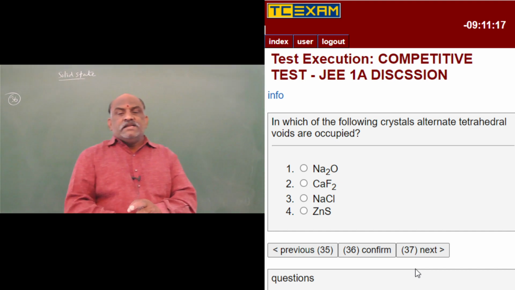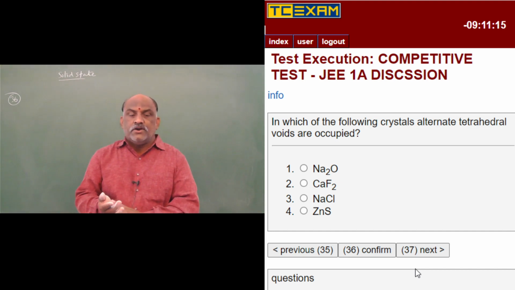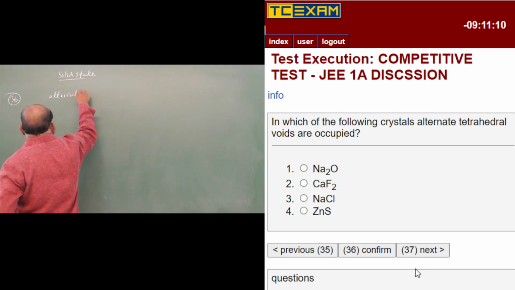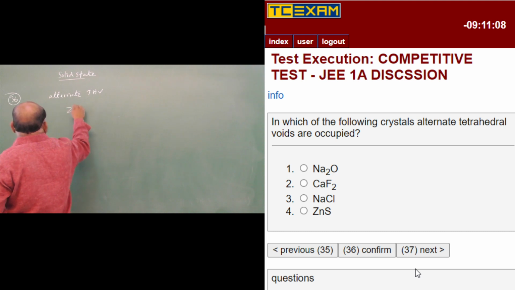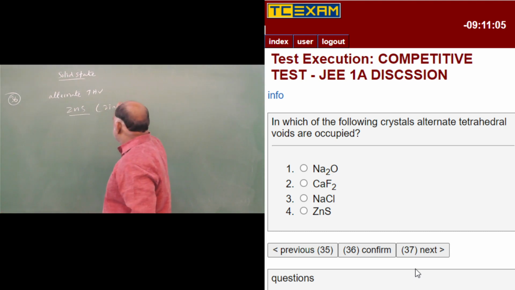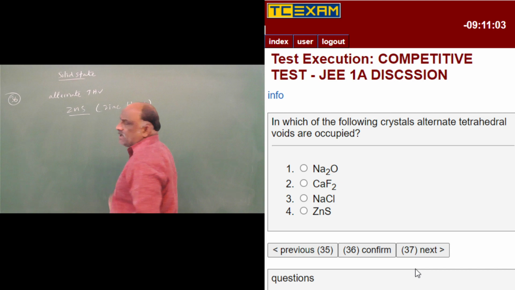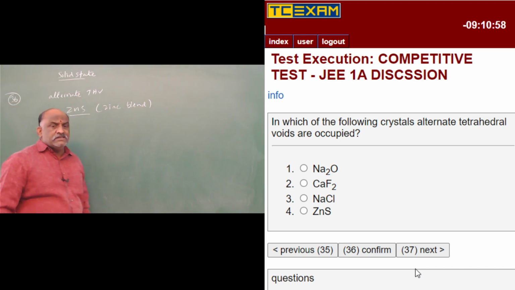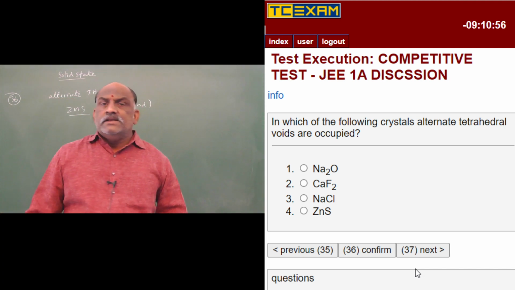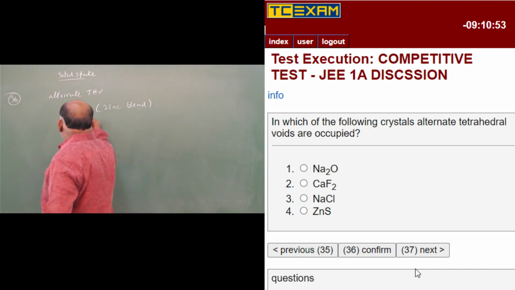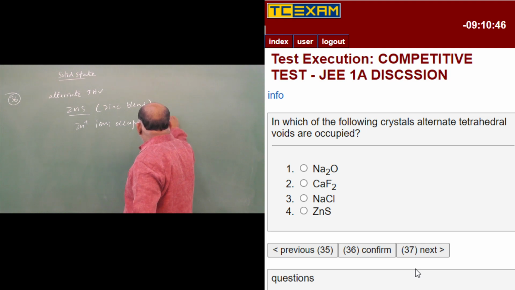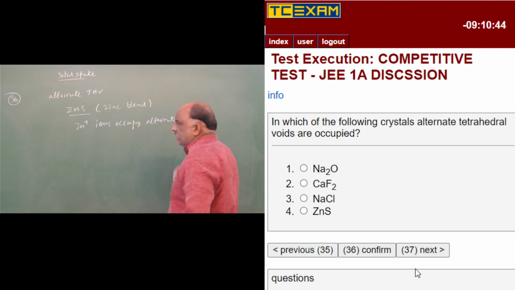In which of the following crystals are alternate tetrahedral voids occupied? This is very simple. The answer is ZnS. ZnS is called zinc blende. The answer is ZnS because in zinc blende, Zn2+ ions occupy alternate tetrahedral voids.